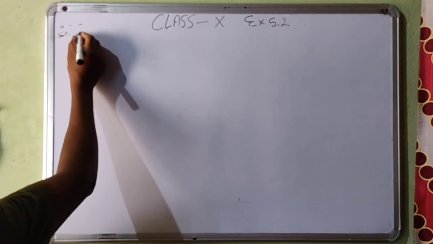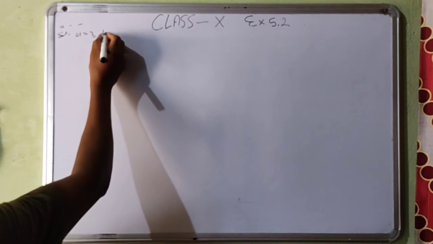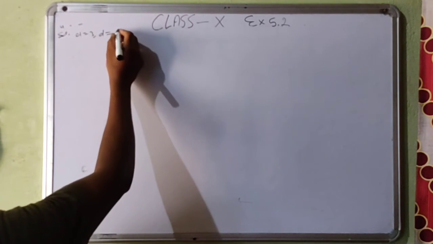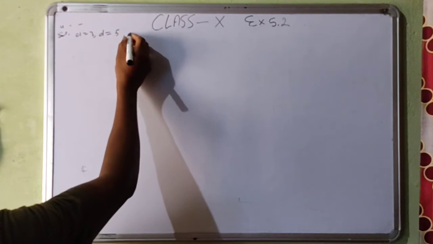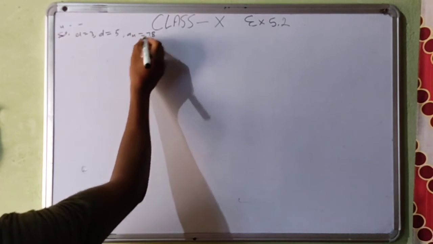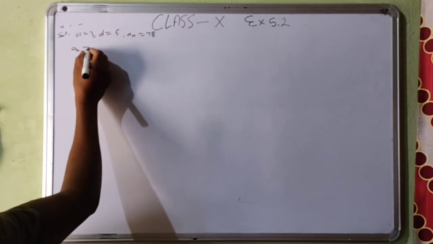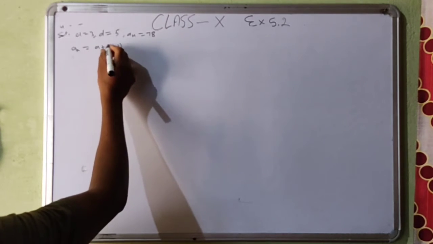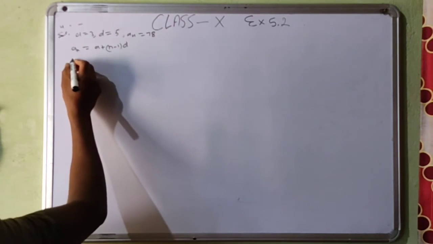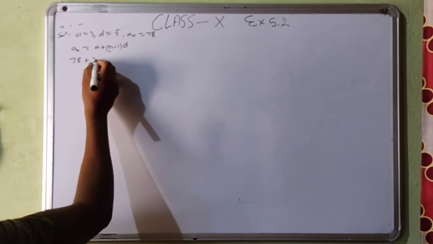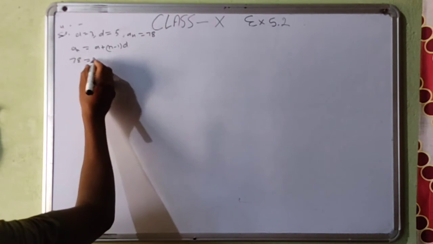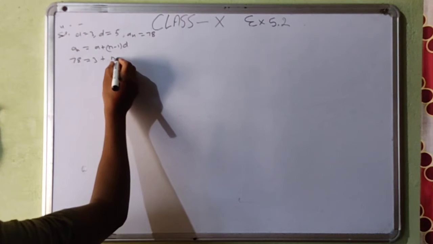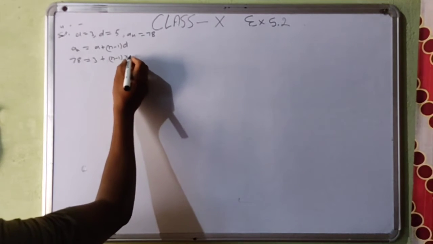So it means A is equal to 3, D is equal to 8 minus 3, 5, and then AN is equal to 78. So formula, AN is equal to A plus N minus 1 D. So AN is 78, equal to 3 plus N minus 1, multiply 5.